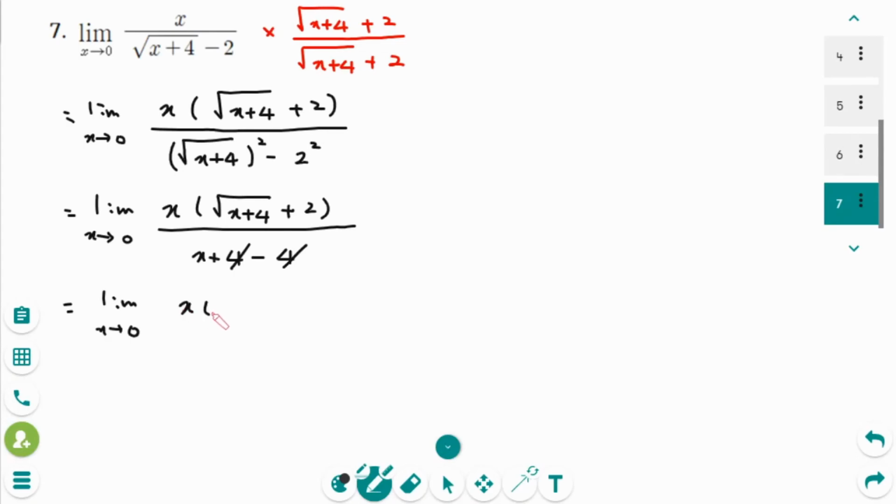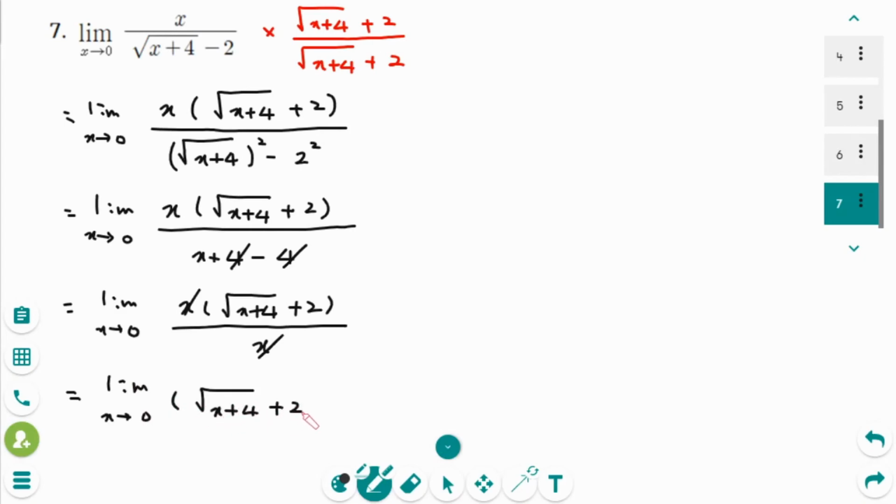So x square root of x plus 4 plus 2 over x, and also cancel the common factor, which is x. Then it becomes this, and put 0 into x, square root of 0 plus 4 plus 2. Square root of 4, which means 2 plus 2, so answer is 4.